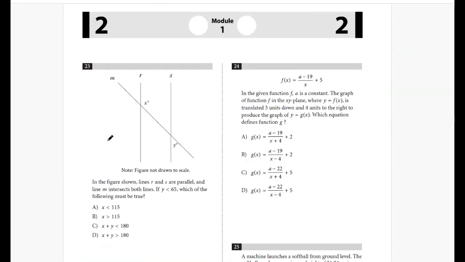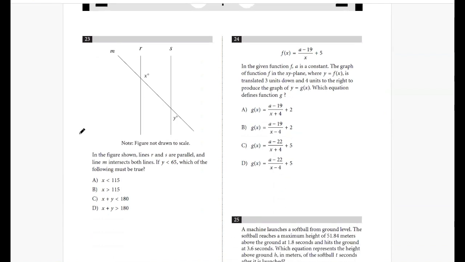In the figure shown, lines r and s are parallel, and line m intersects both lines. If y is less than 65, which of the following must be true? x plus y has to be 180, so C and D are immediately eliminated.